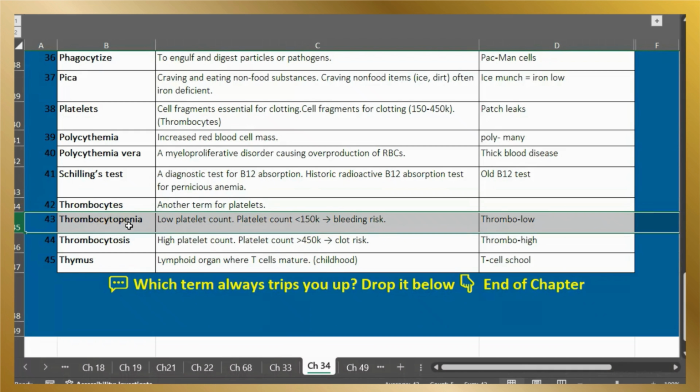Everything with penia means low. Low platelet count. Thrombo, it's mostly like the name of, see here, thrombocyte. So it's a cell, thrombo, platelets, and then thrombo and penia. Thrombocytes, so platelets, cells, low.